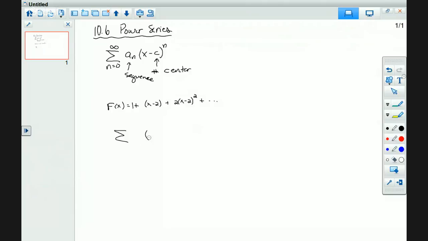We know this is going to be centered at 2, correct? What's the exponent on the first one? 0 power, right? So we're probably going to go from 0 to infinity. The first exponent is 0, so that's a 1, correct? So how are we going to take care of that?